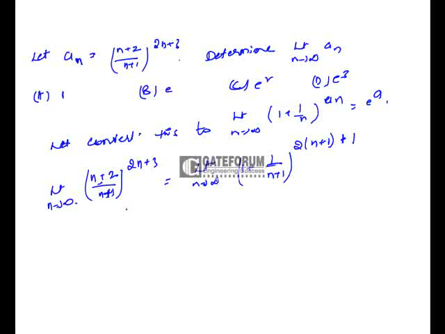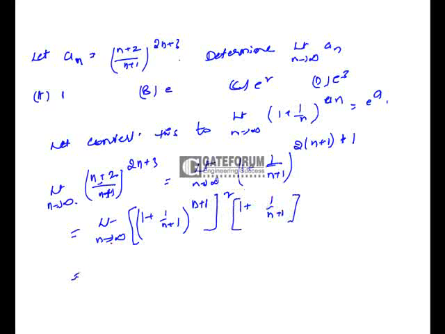And this is nothing but limit n tends to infinity (1 plus 1 by n plus 1) whole power n plus 1, whole square, into (1 plus 1 by n plus 1).